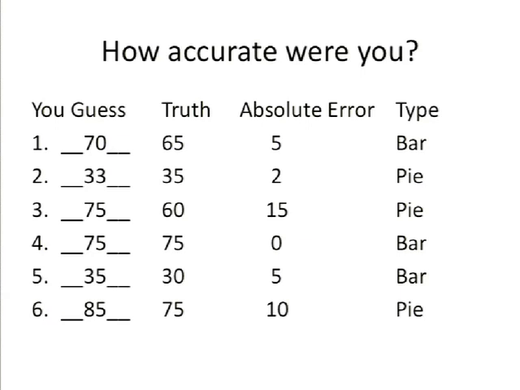Then what I want you to do is take the absolute error. In other words, 70 minus 65 is 5. If you have a negative number, turn it positive. 33 minus 35 is negative 2. Make it 2. Do that for your neighbor's numbers. Yes?